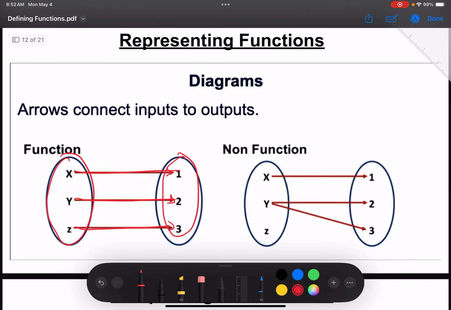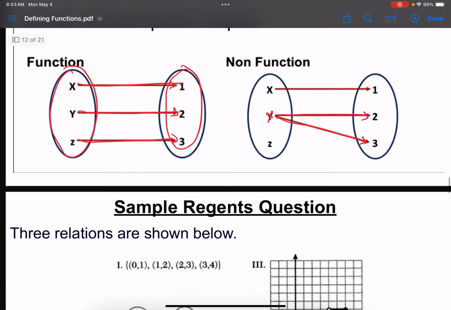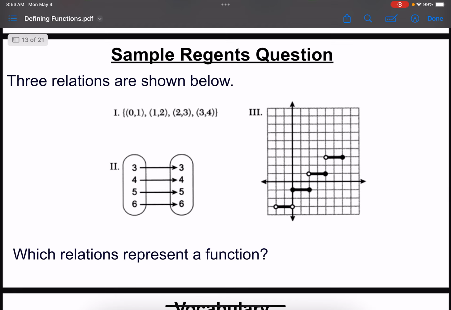When it's not a function, we have something like this where for y, we have two arrows. That makes it not a function. So those are all the ways that functions are represented.